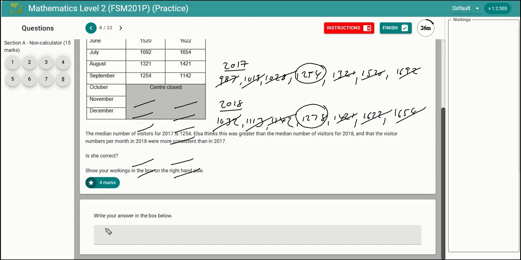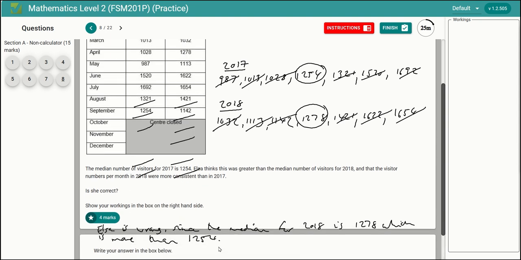So here I'm going to write Elsa is wrong, since the median for 2018 is 1,278, which is more than 1,254.